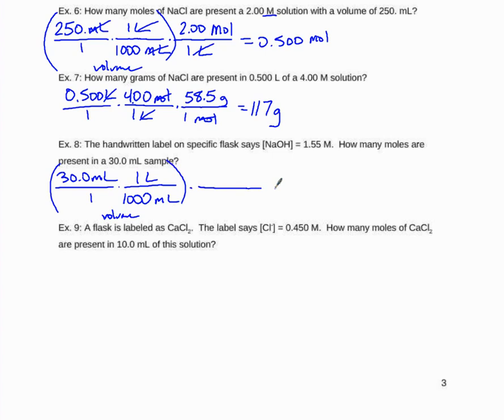Times, then we know the concentration is 1.55 molar, which is moles per liter. And this leaves us with moles, and the number is 0.0465 moles.